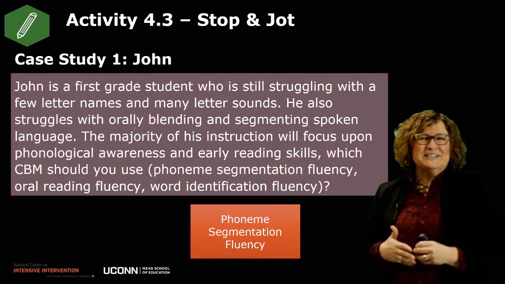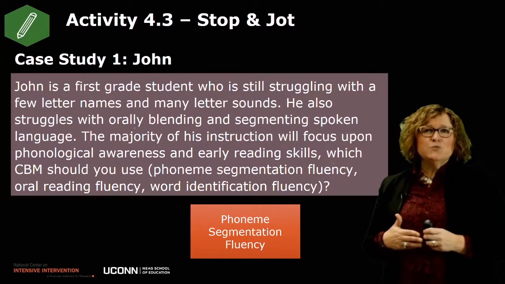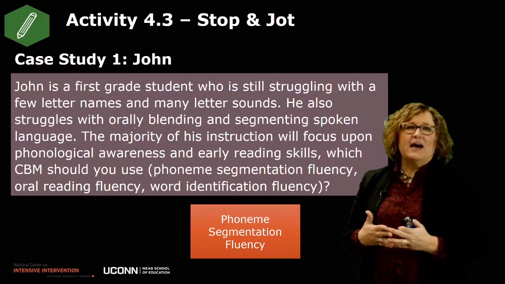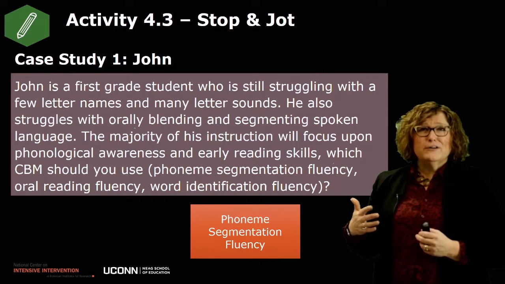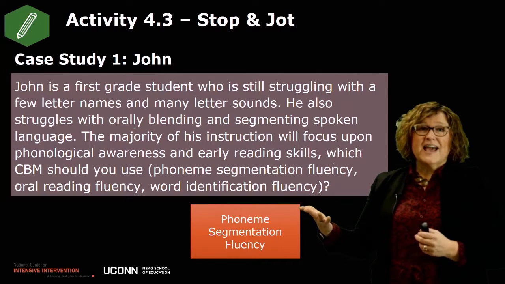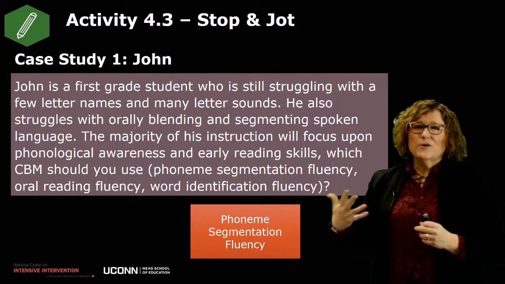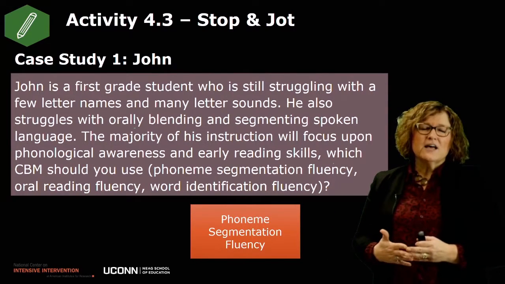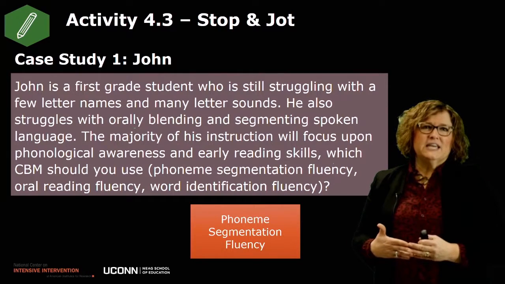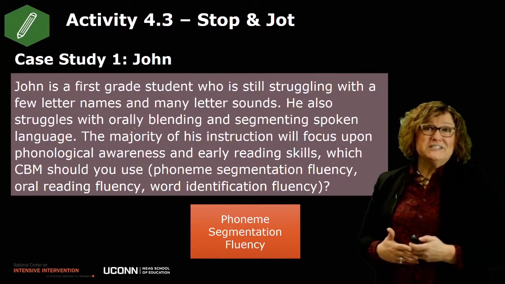You might have a rationale for another measure that you selected, but he's really focused at that phonological early reading skills level right now. He's working on letter names and sounds, so he's really not to the word level yet. Oral reading fluency is probably beyond him because that's really at the sentence level. So that phoneme segmentation is really that initial skill that he probably needs to focus on.